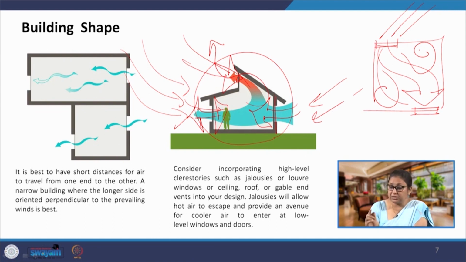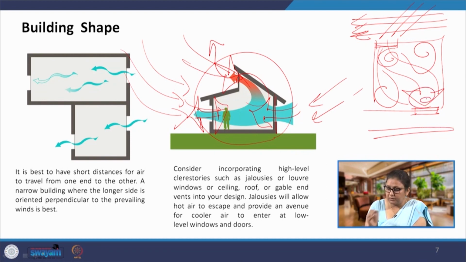However, if we provide the window in a manner that it is parallel to the direction of wind, there will be a very small amount of ventilation, and there will only be small eddies forming in a small area just close to the windows, and the rest of the room is not going to have any ventilation happening.